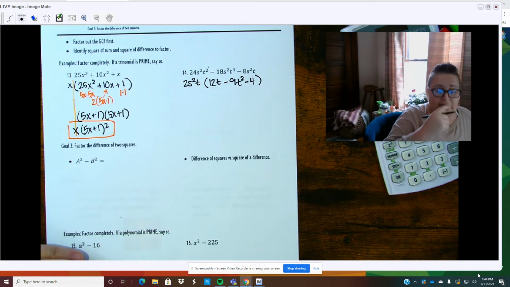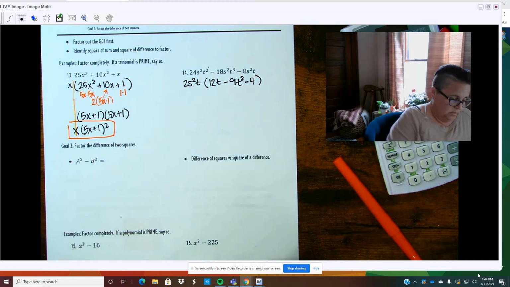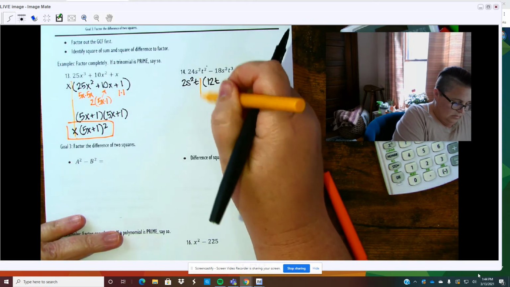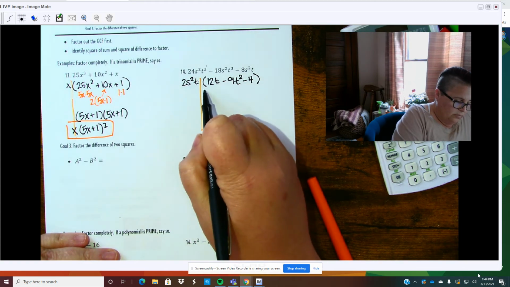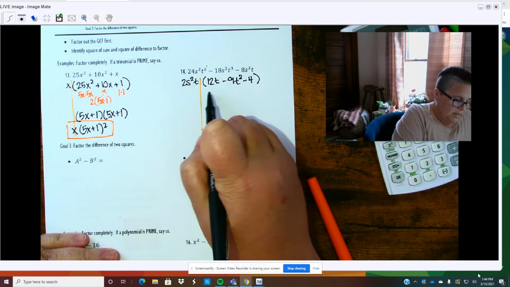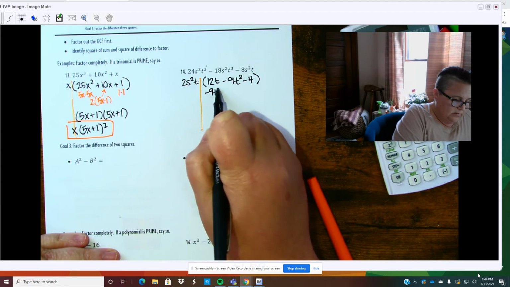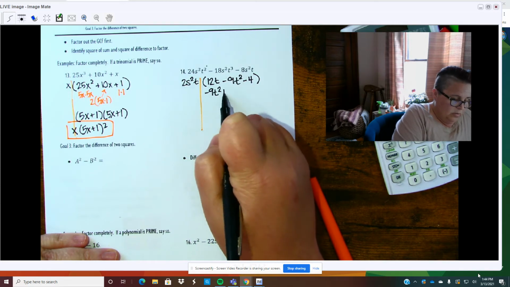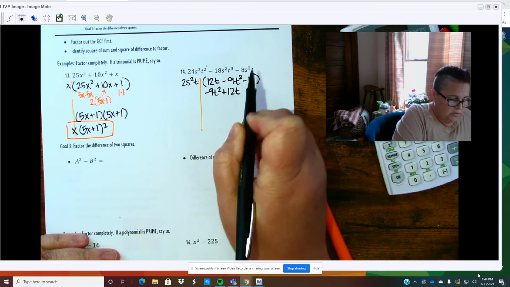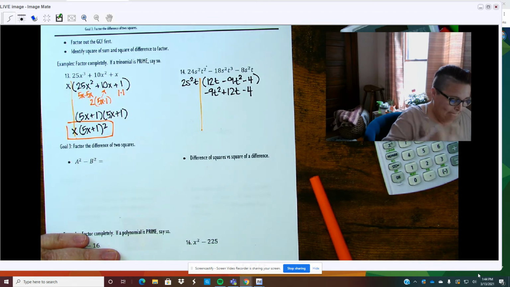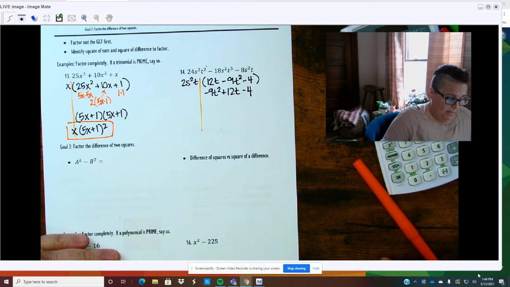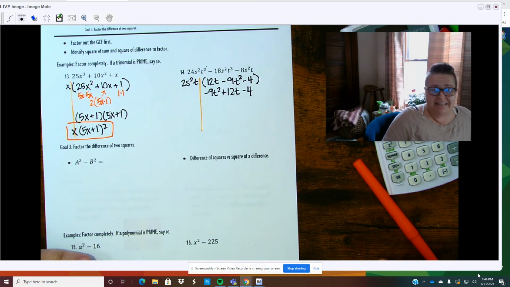Now, this trinomial is not in order, so I'm going to reorder it. Minus 9t squared plus 12t minus 4. Do you see how it's leading with the negative?